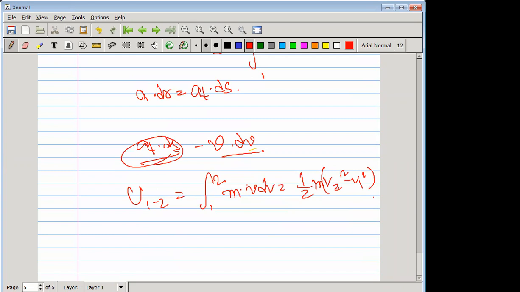From this equation we can say that in the principle of work and kinetic energy, the kinetic energy is always positive regardless of its direction. Remember this. U 1 to 2 is the kinetic energy at position 2 minus position 1, half of m v2 squared minus v1 squared. Kinetic energy is always positive, whatever the position of that particle is.